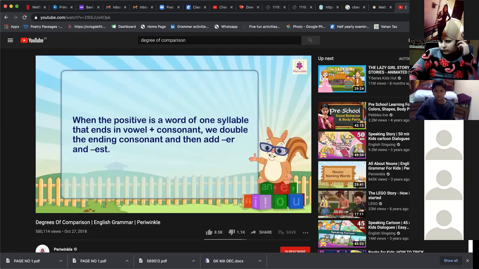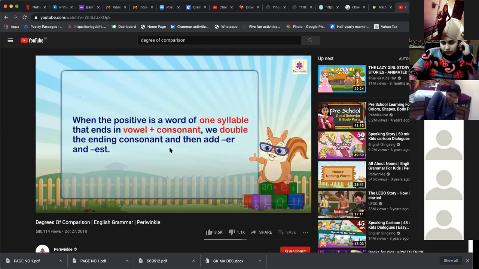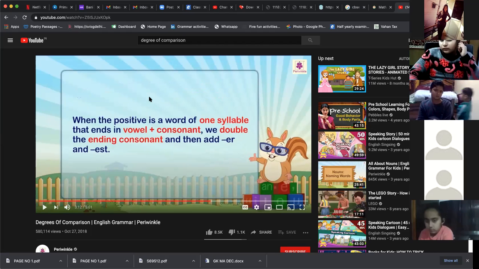When the positive is a word of one syllable that ends in vowel plus consonant, we double the ending consonant and then add ER and EST. This means like big, bigger. B-I-G: I is a vowel and G is a consonant. We have one word, one syllable, big. I'll give you red also. So what it says is that we will double the consonant. Like bigger, the spelling becomes B-I-G-G-E-R.